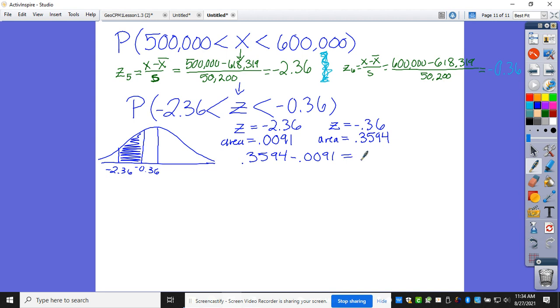Subtracting, which gives me 0.3503. So if I randomly selected a day in the year, there's a little bit over a 35% chance that there were between 500,000 and 600,000 people in jail that day.